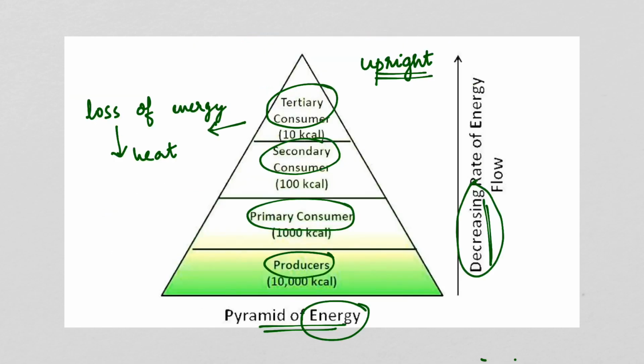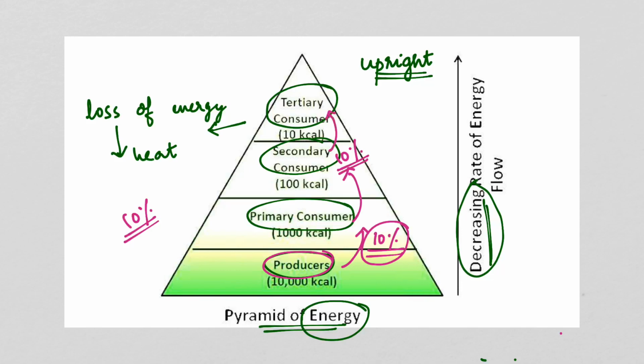Now let's take this example. If we apply this 10% law here, it means that whatever the producer produces, only 10% can be taken up by the primary consumer. Now what is consumed by the primary consumer, only 10% of it will be taken up by the secondary consumer.